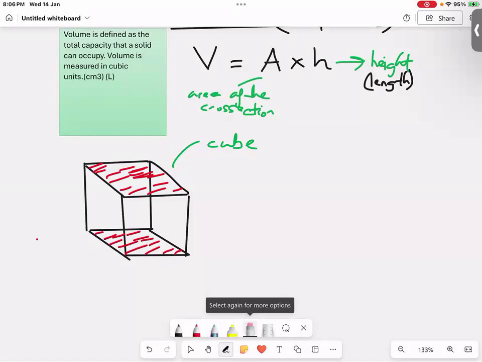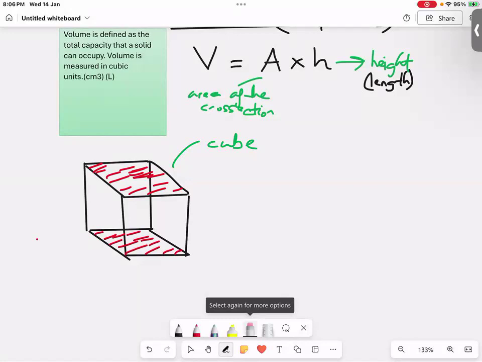So therefore, a mug, which is a perfect example of a cylinder, which you're going to see shortly, has a cross section that is a circle. And if you notice, the mug has two cross sections, at the bottom and also at the top, right? Very good.